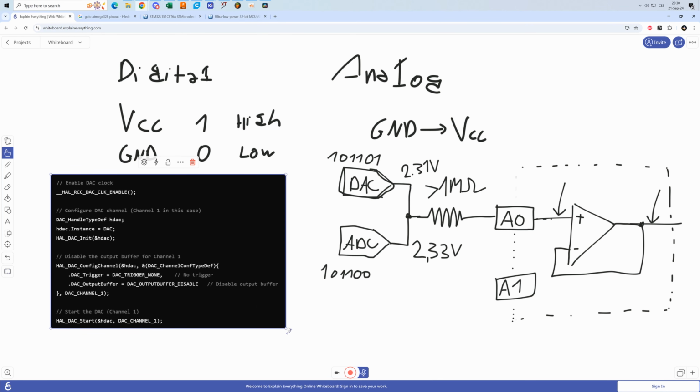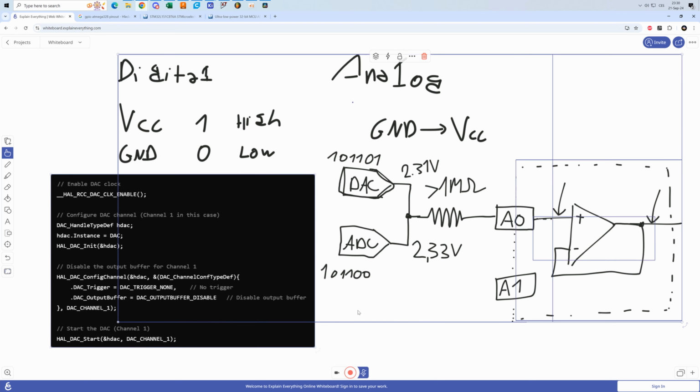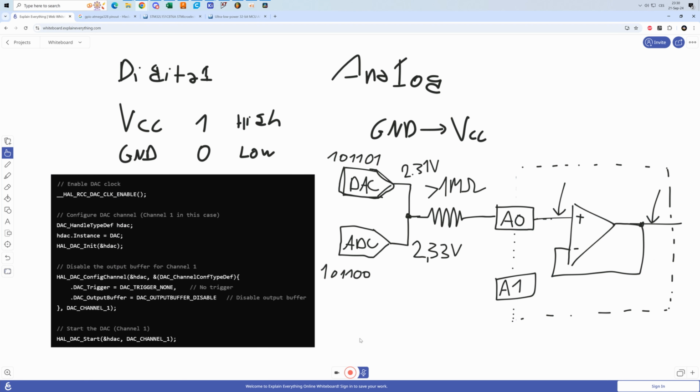This is just an example piece of code that you can use to configure a digital to analog converter of this STM32L microprocessor. So it's important to notice here DAC output buffer disable. So in this case, it would be disabled, meaning that there would be no operational amplifier connected here. In the microprocessor, it would be sort of bypassed and disconnected. It wouldn't be here.